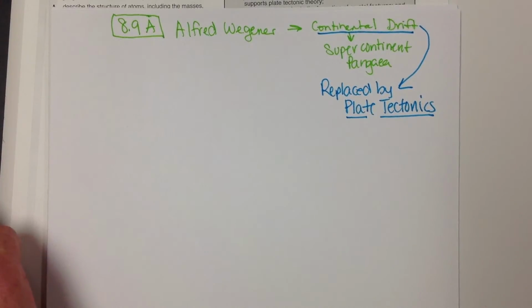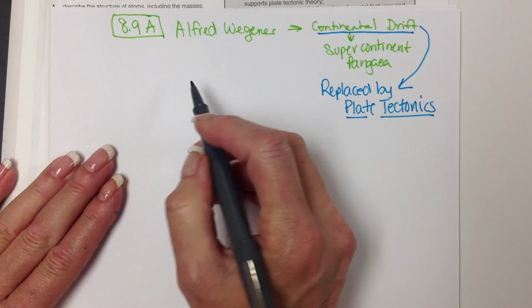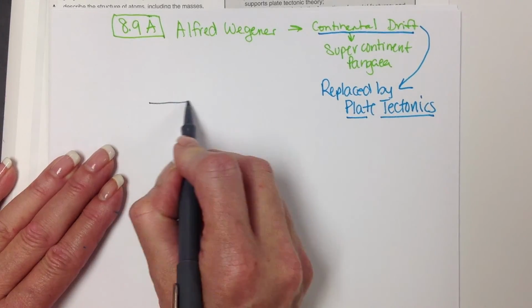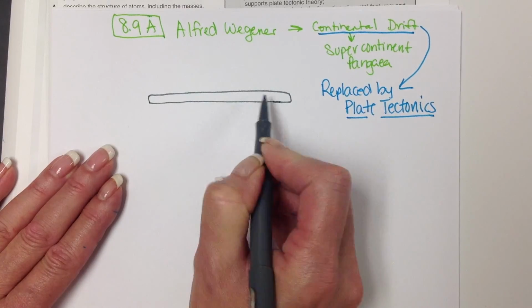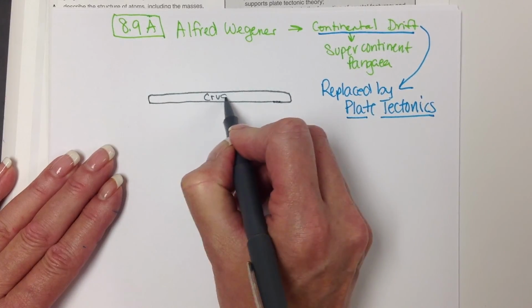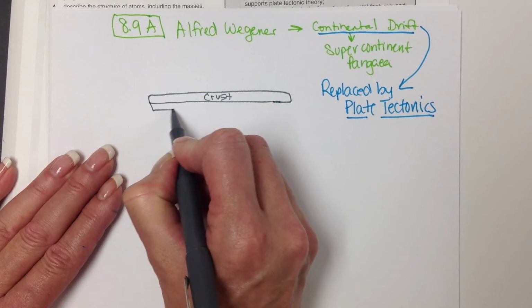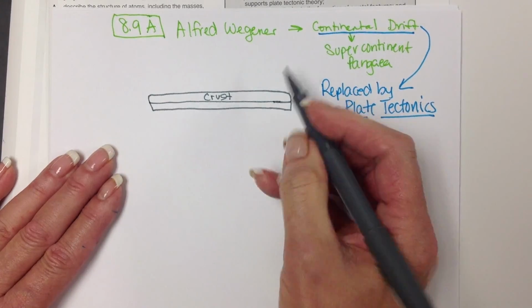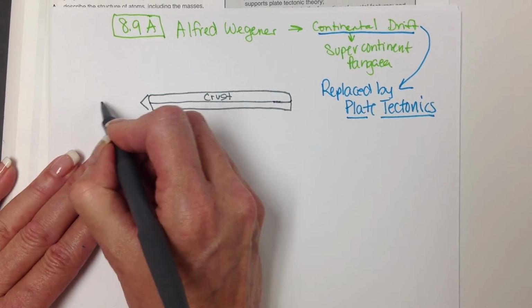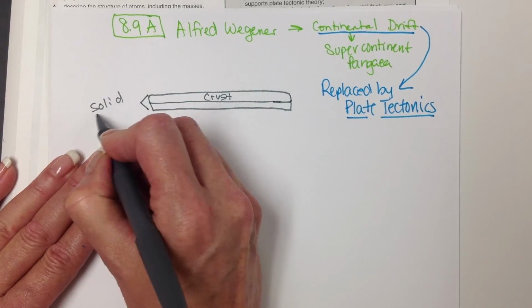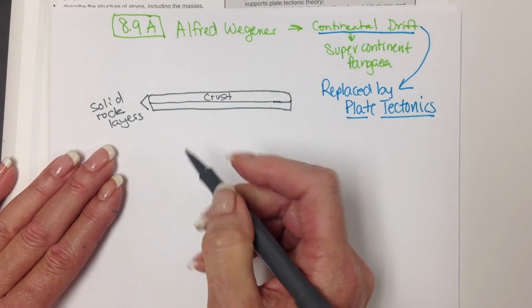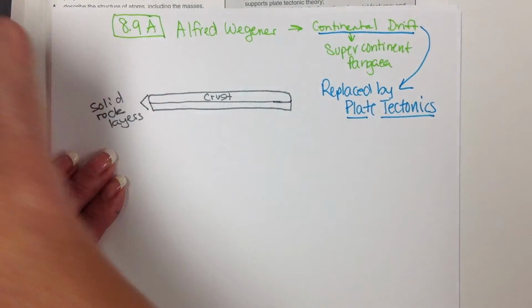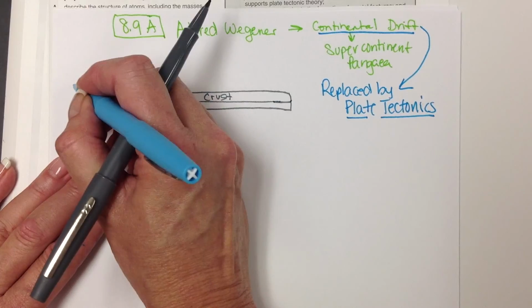If you don't recall the Earth's interior, the most important part to this theory is truly the crust. And the crust is the outermost layer of the Earth. But beneath the crust is also another hard rock layer. So these two are solid rock, and they are referred to together as the lithosphere.